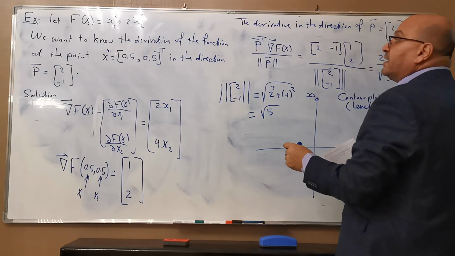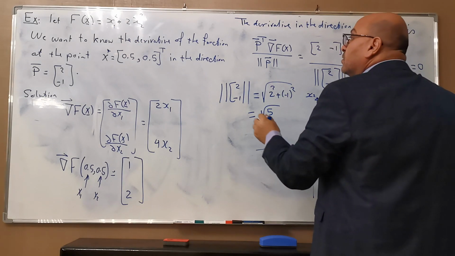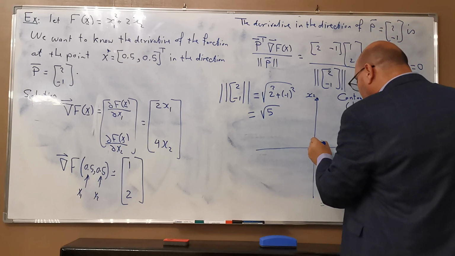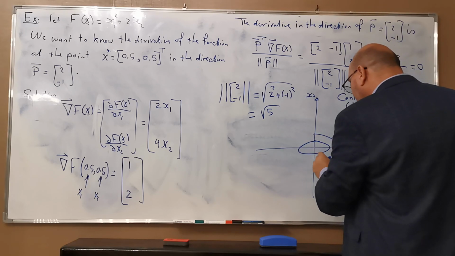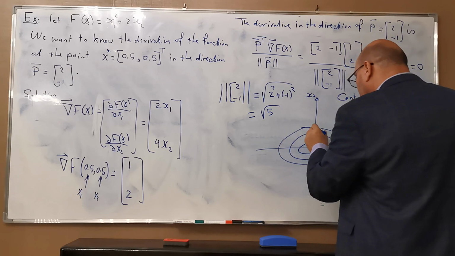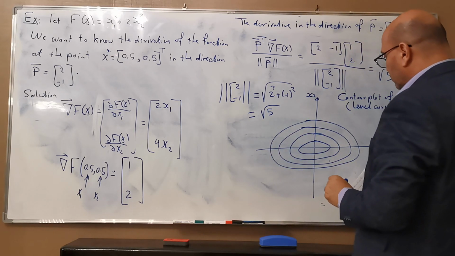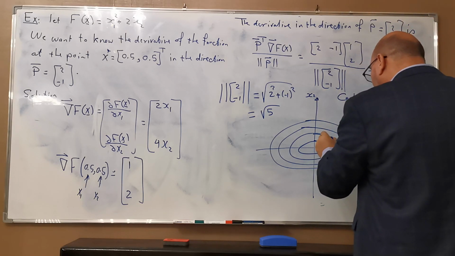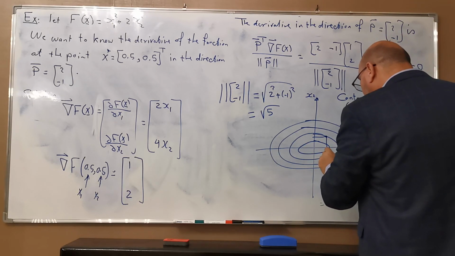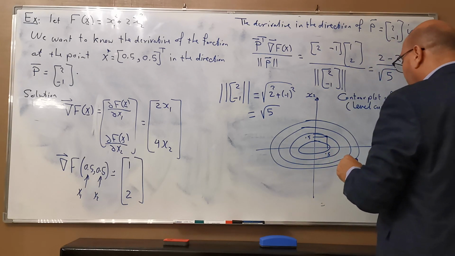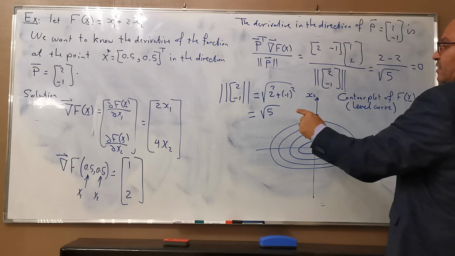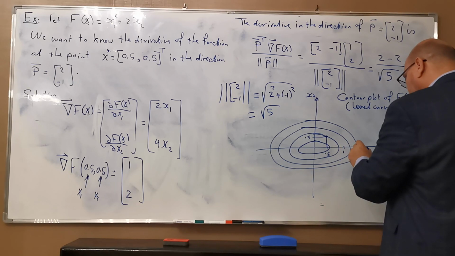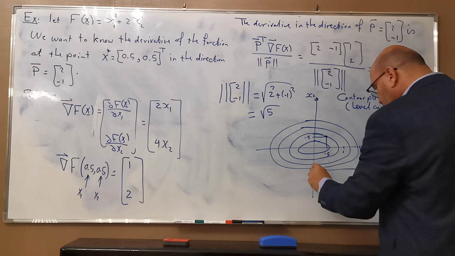They are centered at 0 and expand more along the x-axis, so they look like ellipses, and so on. If we take this to be our point 0.5 and 0.5, and this one is our p vector, at 2 and minus 1.